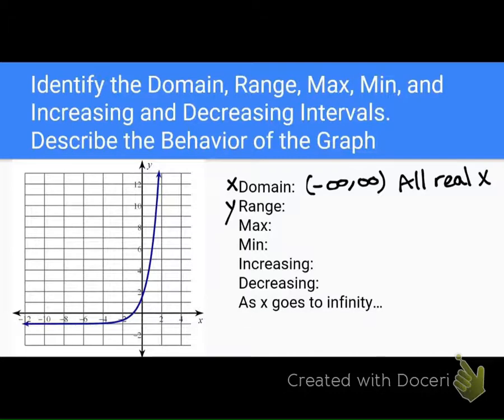So what's happening in my range is that the y values are only going to go from negative 1 to infinity. So the lowest they go is this point right here at negative 1, and then they go up forever. Which means that my max then doesn't exist because it keeps going up forever, right? And my minimum happens at y equals negative 1.